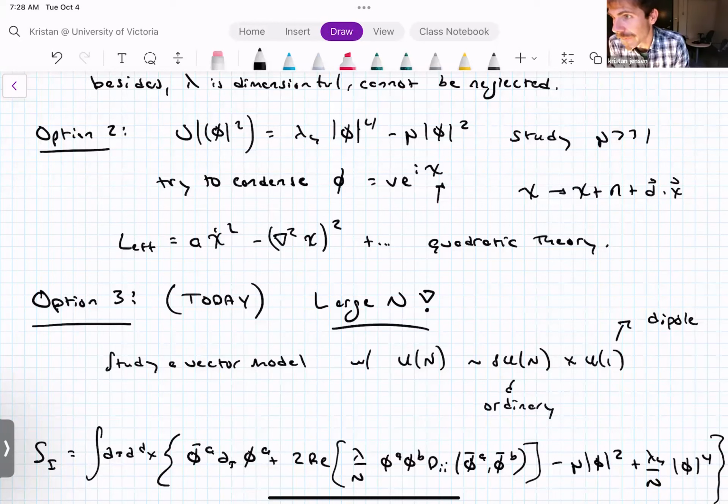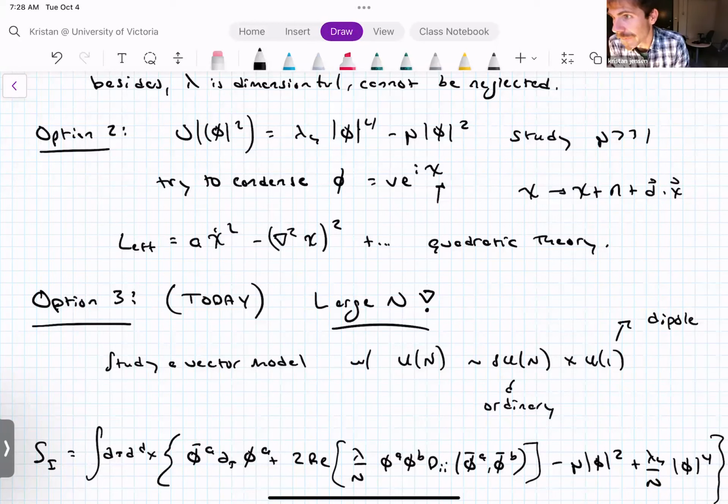My funny two derivative four field. Now, there's some kind of flavor index contractions to deal with. Fine. I introduce a factor of 1 over n in that quartic interaction in the usual way, so that this whole Lagrangian is order n.